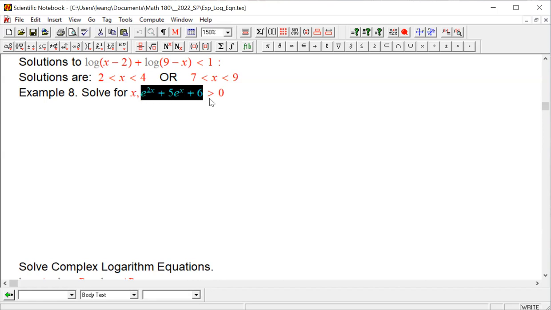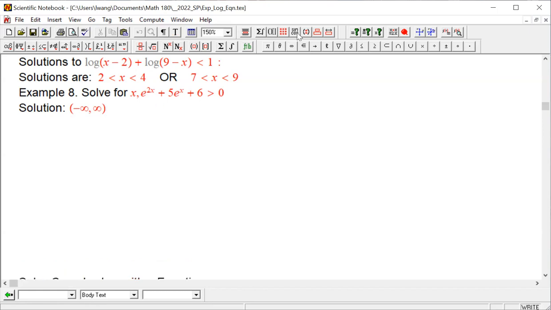This whole thing is larger than 6, so larger than 0, of course. So just by looking at this function, you already can tell the solution is all real numbers. If we are aware of the range of the exponential function e to the power x, that's it.